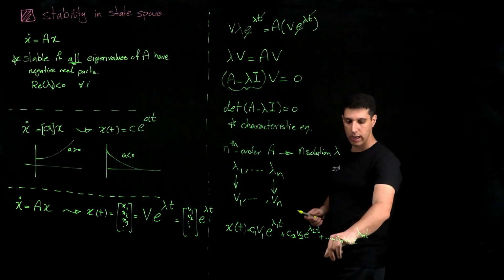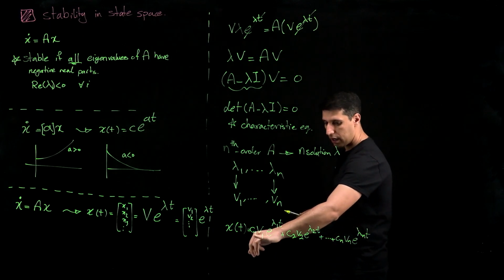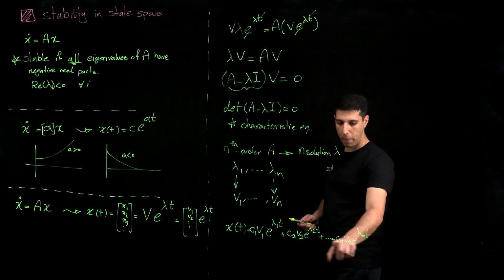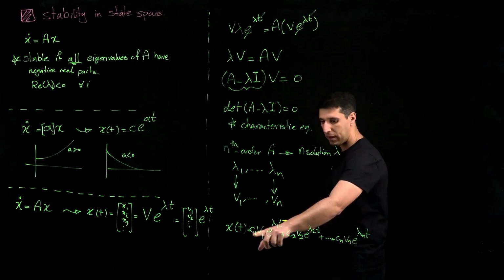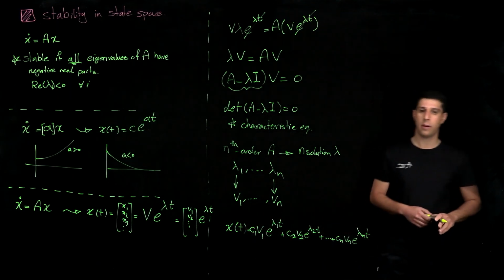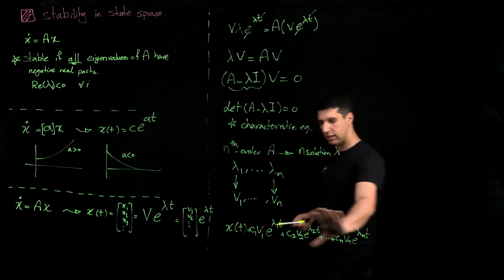You can find it because at time t0, you can find the combination C1, C2, and Cn that gives you the initial x value. So this is a full solution.